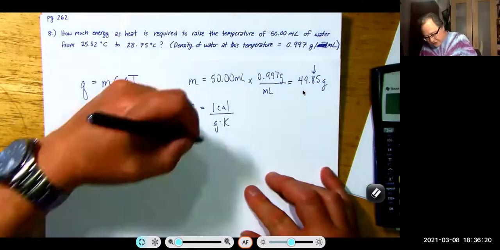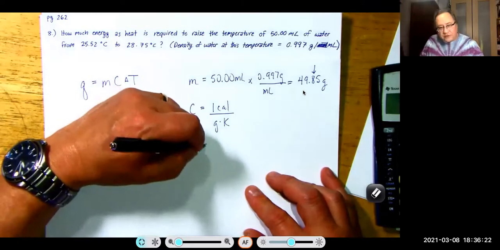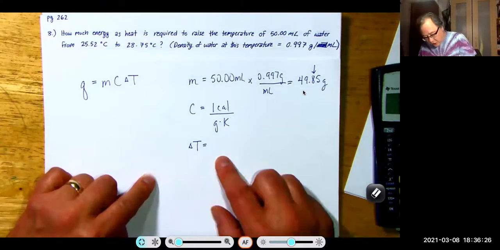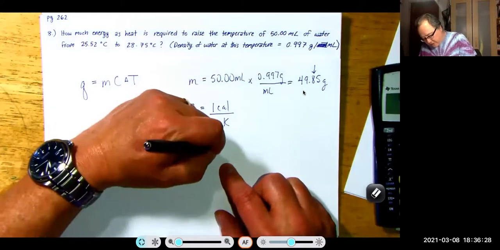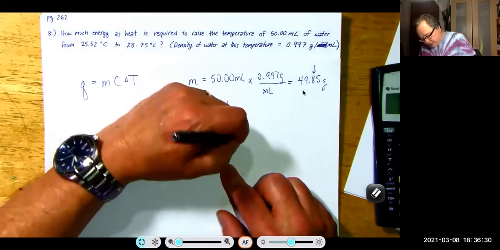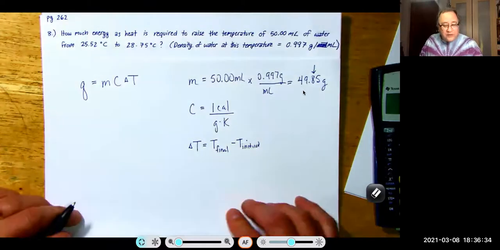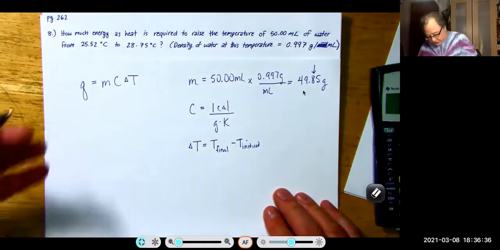And for the change in temp, whenever you do a change, one of these little deltas, it's always the final minus the initial. Just like for our density lab, we did the final volume minus the initial.